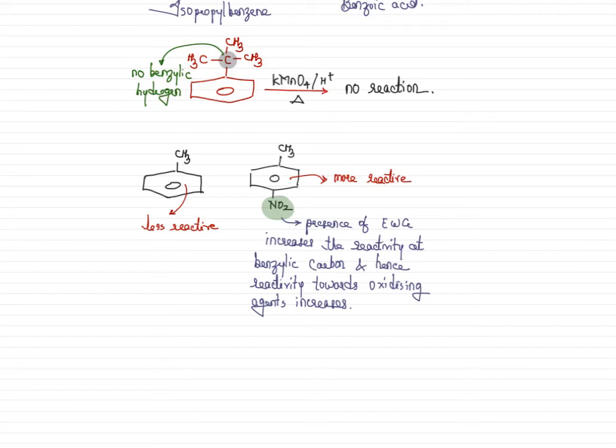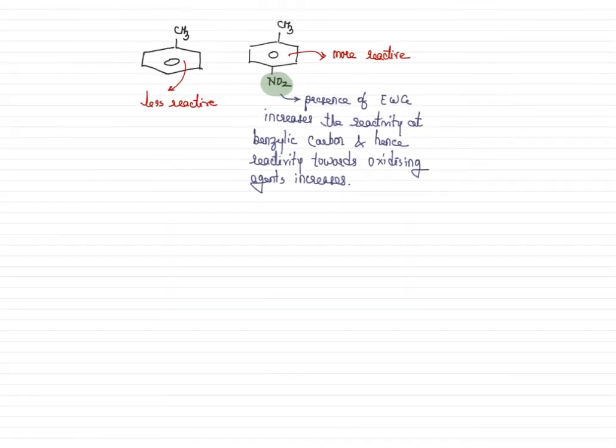There are quite a few other examples that I can give you. I can show you one more example. So this is a ring with a nitro group, and this is another ring.